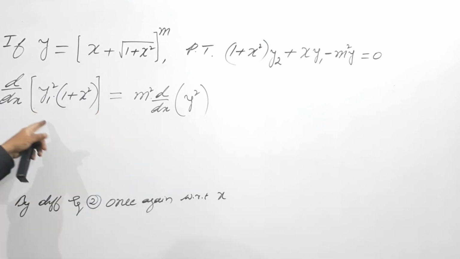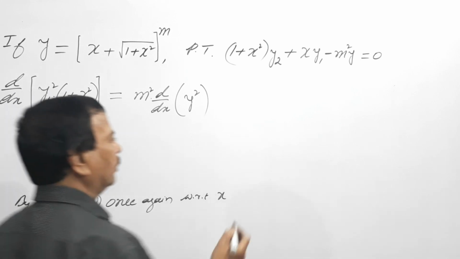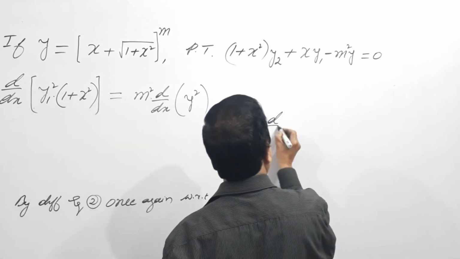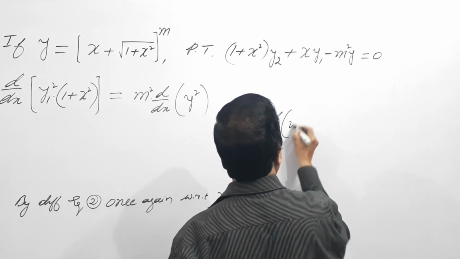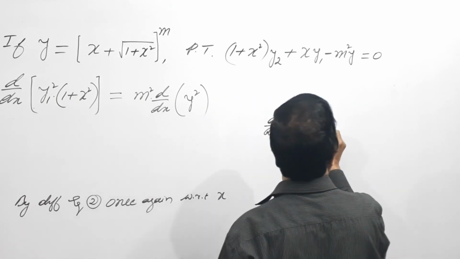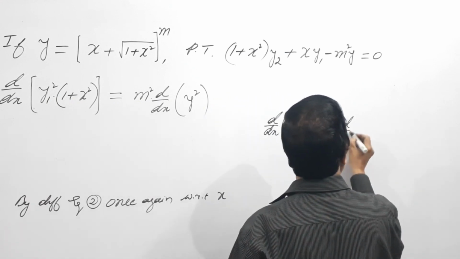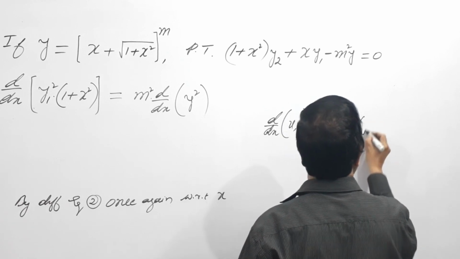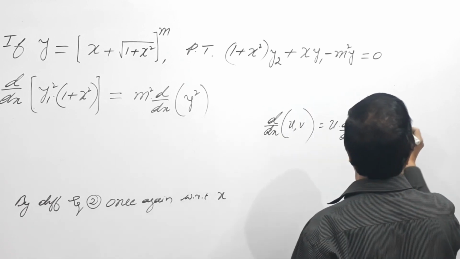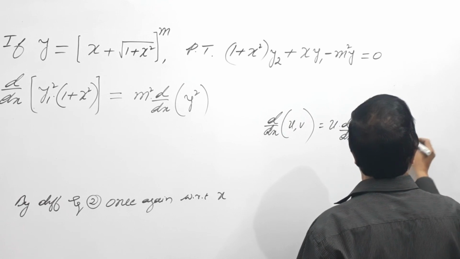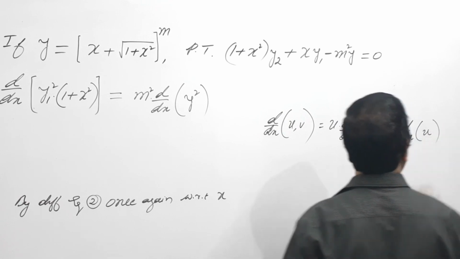Use the product rule here. What is the product rule? d by dx of u into v is u into d by dx of v plus v into d by dx of u.